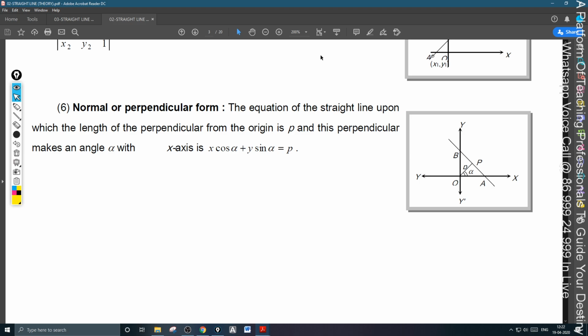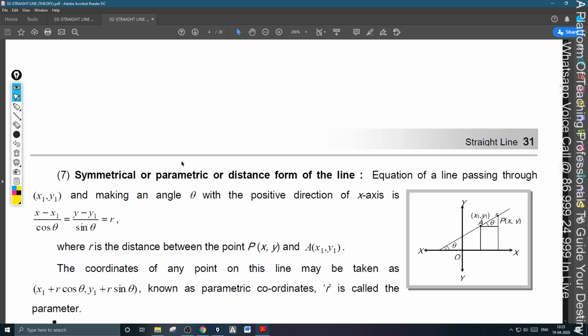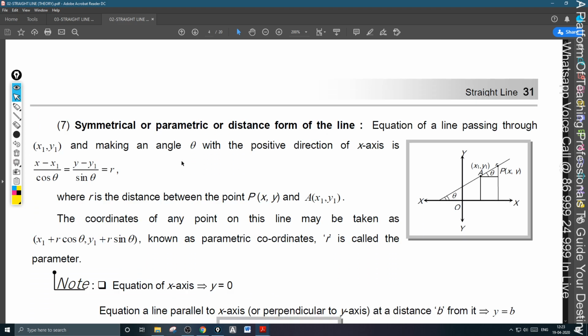That is what I have derived. Just not to miss any concept, we have taken this PDF. Symmetrical or parametric form is a very important form. I'll discuss that in the next session.